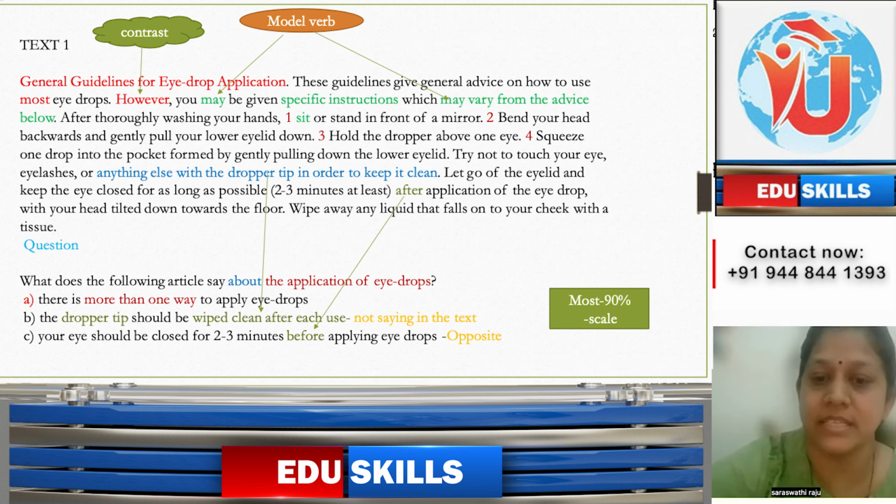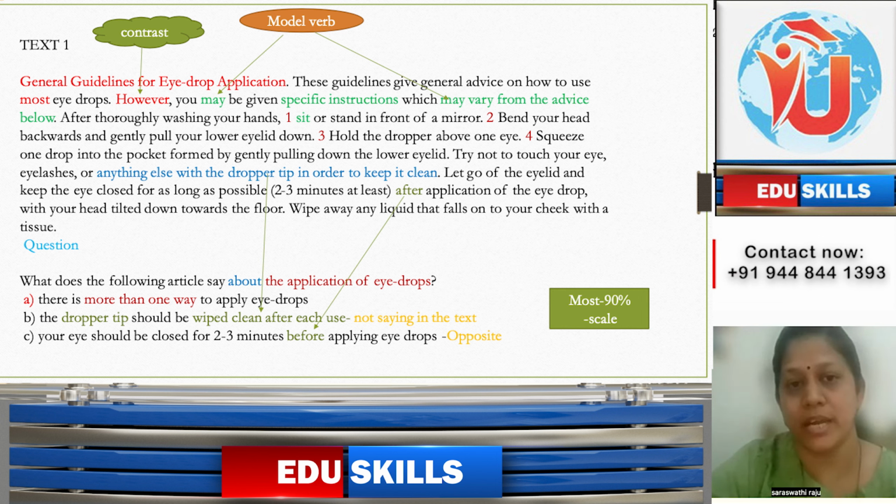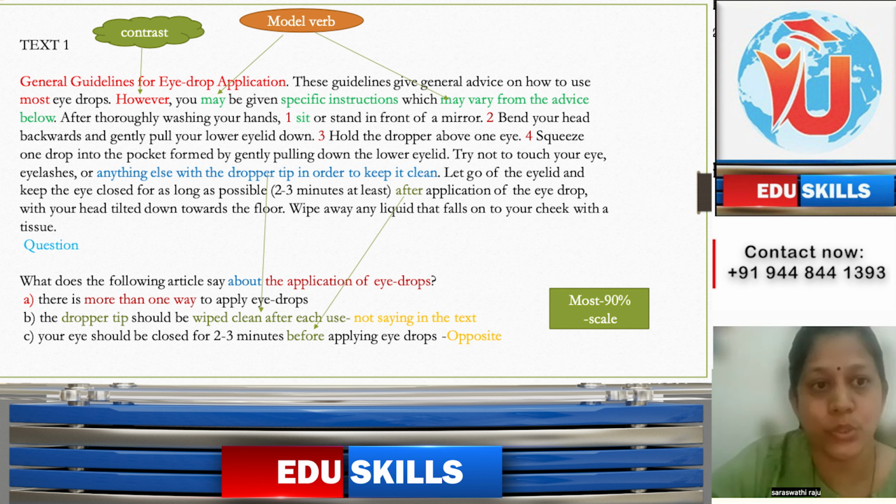In the text, we can see general guidelines for eye drops application. Okay, generally they are talking about the eye drops. These guidelines give general advice on how to use most eye drops. Here, most is the scale. Here we saw more, here most, and however is the contrast word. You may be given specific instructions which may vary from the advice below. Here, may be is the modal verb.